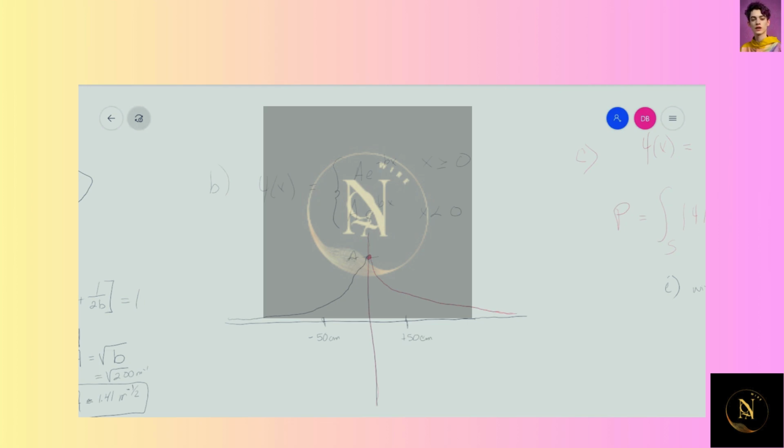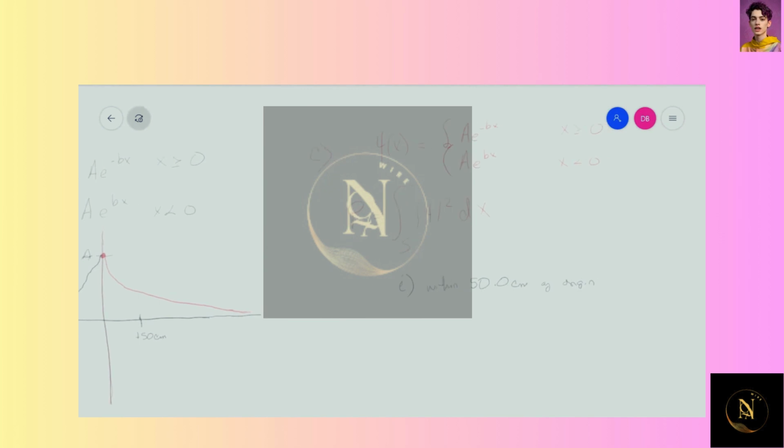We'll see how this works out in the integral, but we'll keep in mind that this is symmetric. So let's set up our probability integral. The probability is going to be equal to the integral from negative 0.5 meters to 0.5 meters positive. The wave function, we'll square that.